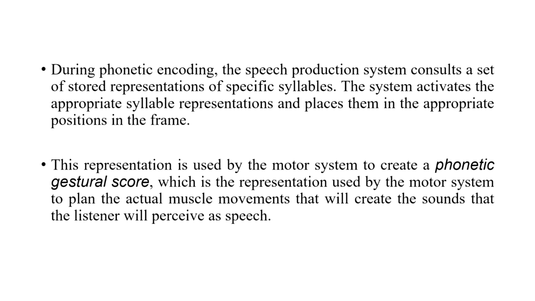So, during phonetic encoding, the speech production system consults a set of stored representations for specific syllables. Again, as I said, these are mini executable programs. So, how do I say S, how do I say pat, how do I say B, and these programs are concatenated, brought together, and the system activates these appropriate syllable representations and places them in the correct order, so that they can be executed very quickly one after the other as the demands of the speech production system require.